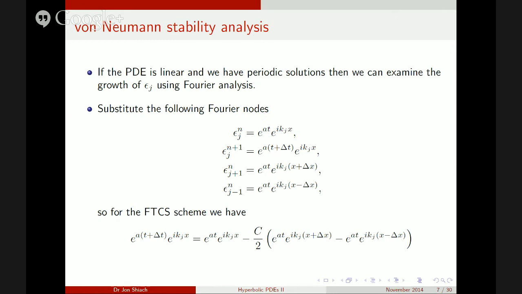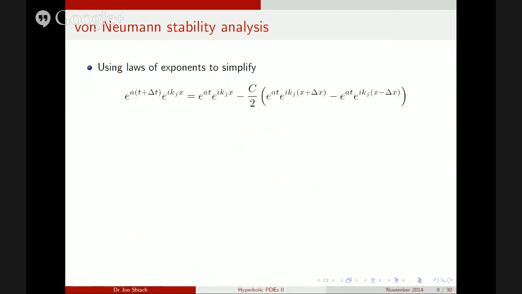So this is the von Neumann stability analysis, for just that equation which I had on the previous slide. This is the forward time center space scheme with the u values replaced by the Fourier nodes. First thing I do is use the laws of exponents.